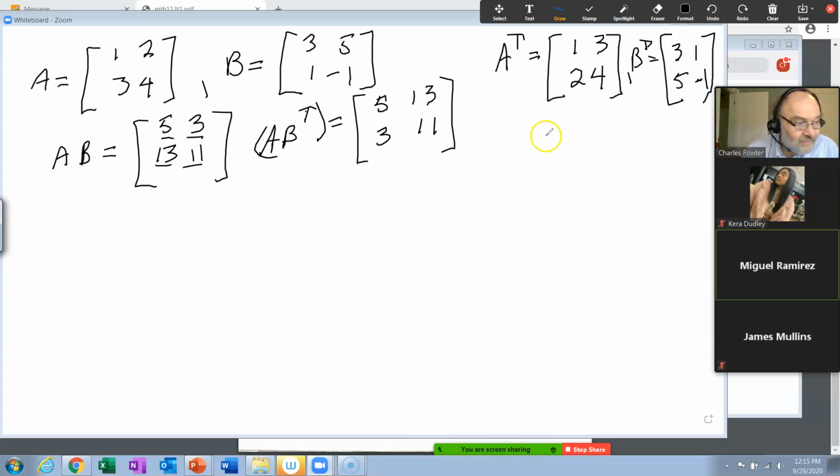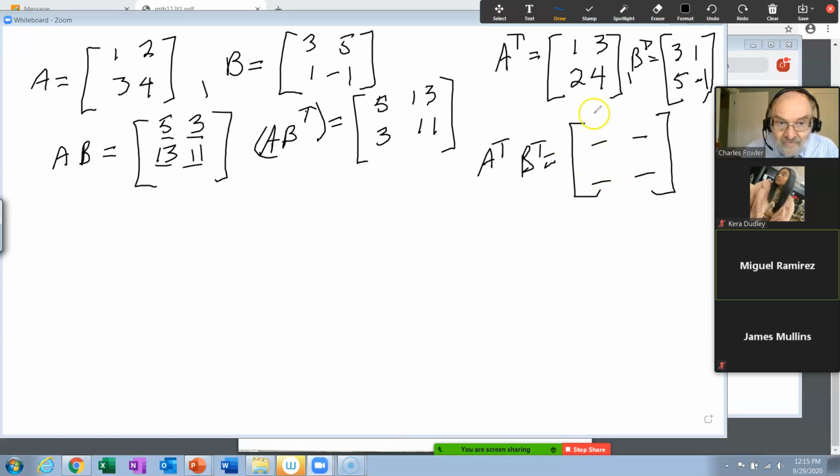Okay? Now, they ask for the product of those two. So A transpose times B transpose would be, obviously, a 2 by 2 matrix. The first entry here, first row, first column, would be first row here times first column there. 1 times 3 is 3, plus 15 would be 18. The 1, 2 entry here, the first row, second column, 1 minus 3 would be minus 2.